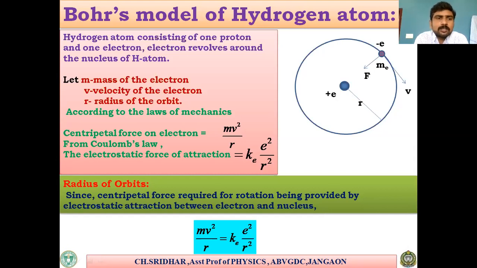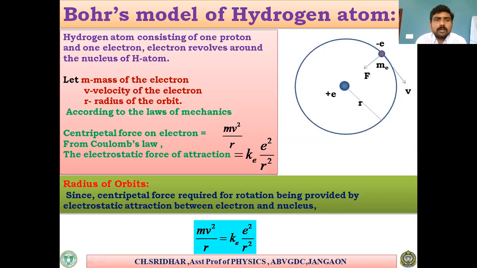Let us discuss the radius of orbits first. We are taking the concept of the law of conservation of energy. In order for the electron to move in a circular orbit, it needs some centripetal force, and there is an electrostatic force of attraction between the electron and proton, and these two forces must be equalized in order to have constant motion.